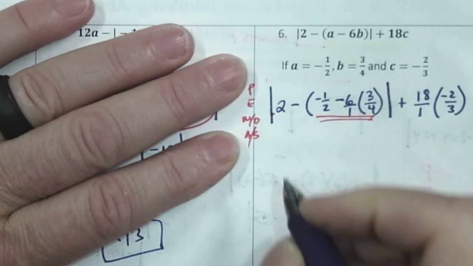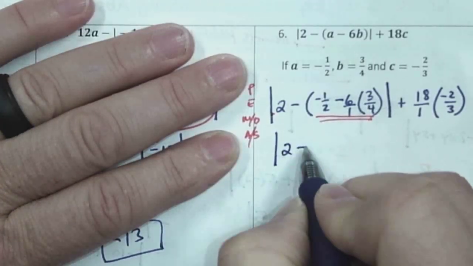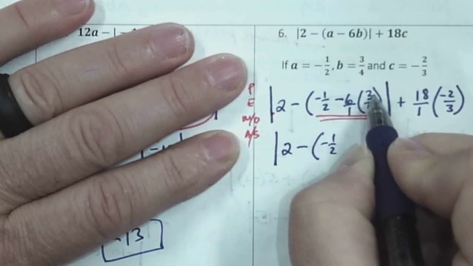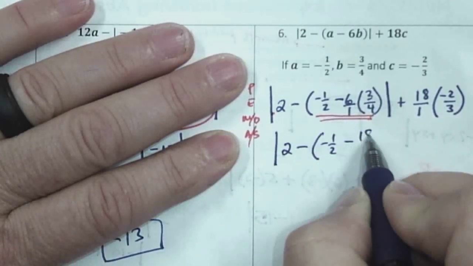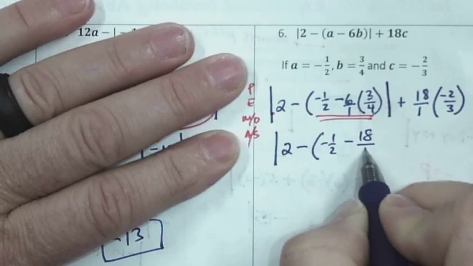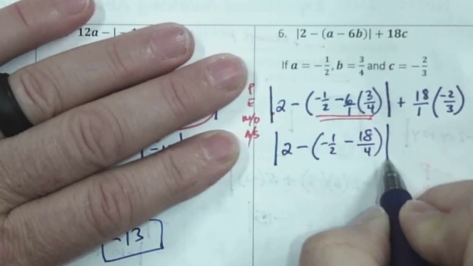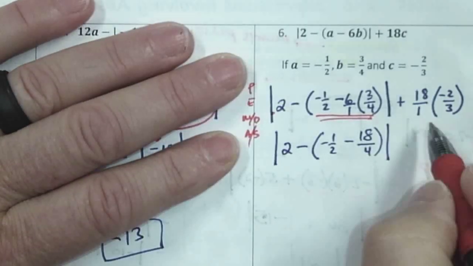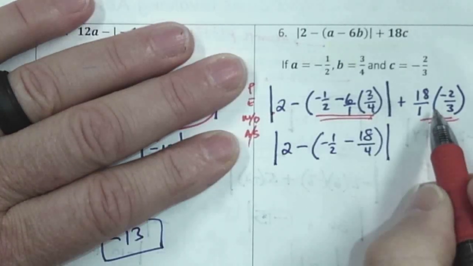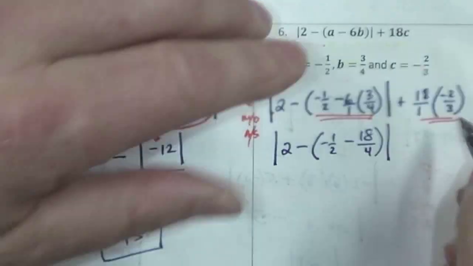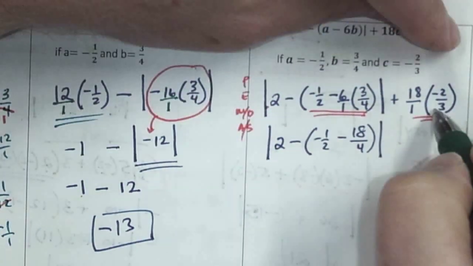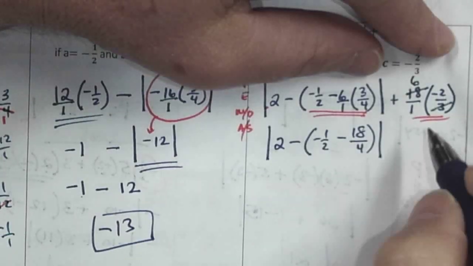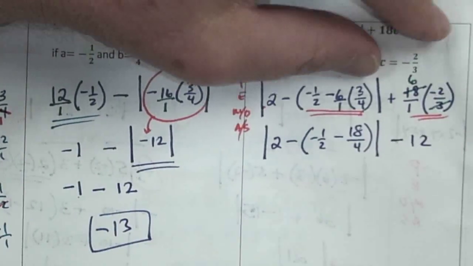What is 6 times 3? 18. So we're going to put 2 minus parenthesis -1/2. 6 times 3 is 18. 1 times 4, 4. I'll deal with that in a second. I can deal with this out here at the same time. It's outside and not related. It's multiplication. 3 goes into 18 how many times? 6. So 6 times -2 is -12.